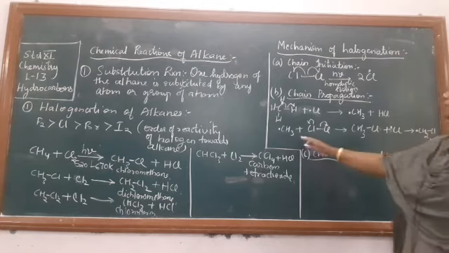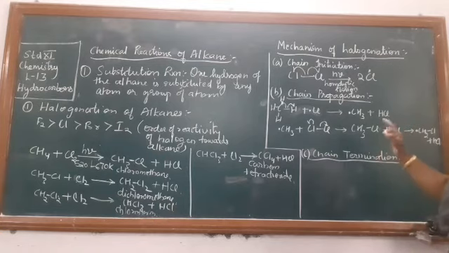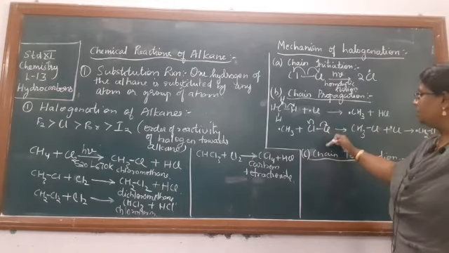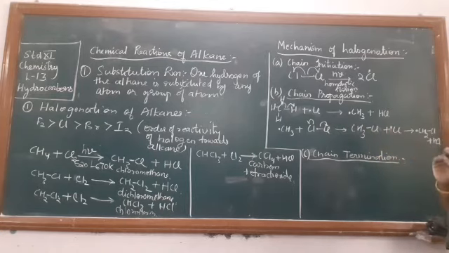So this chain will go on propagating. Here it has formed CH2Cl, then it will form CH2Cl2. So the chain propagates. So these steps are called the chain propagation reactions.